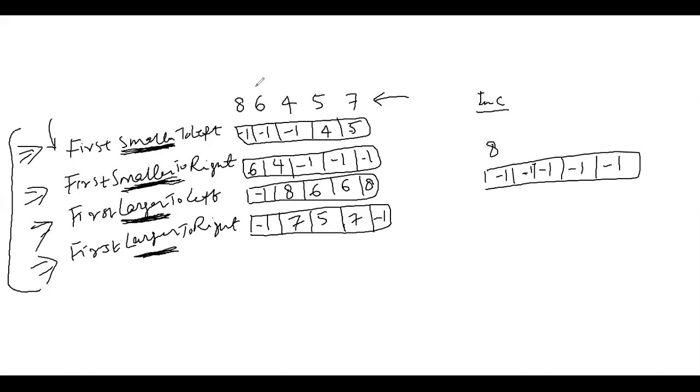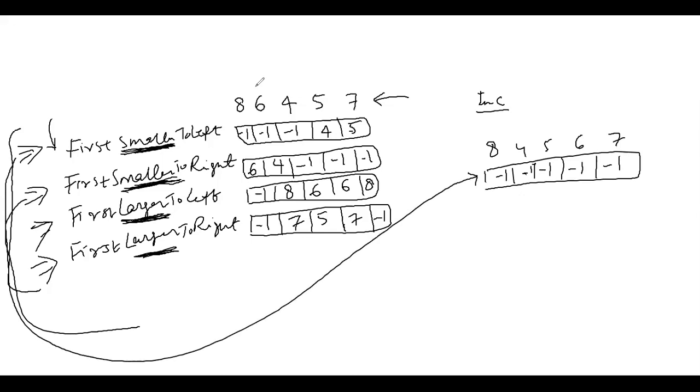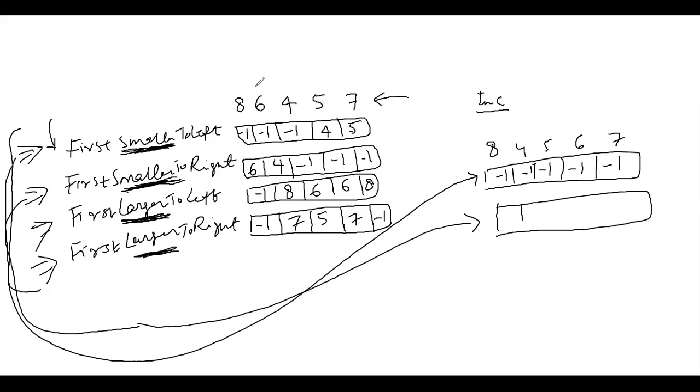The array is 8, 4, 5, 6, 7, and this is first smaller to left. So I'm solving this guy first here, and this guy here below it.